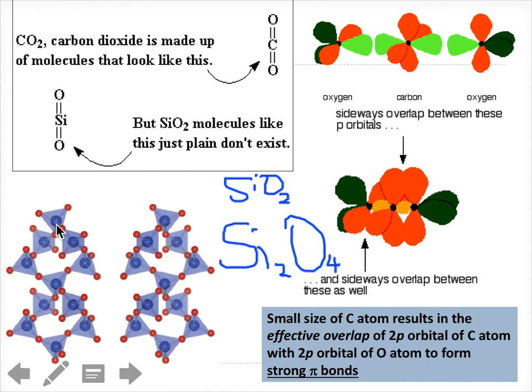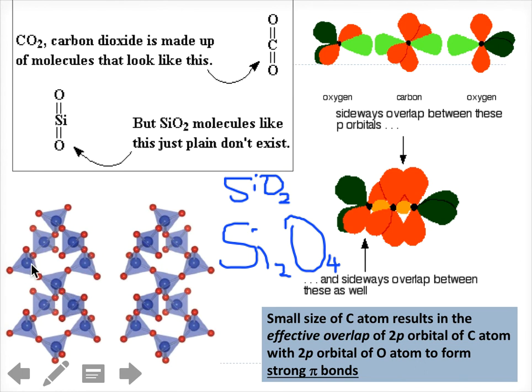So if we look at the purple spheres and count the number of red spheres around them, this purple sphere has 1, 2, 3, 4 oxygen, right? This purple sphere has 1, 2, 3, 4 oxygen. This one also has 1, 2, 3, 4 oxygen. Now for the oxygens, each oxygen, let's go to this one, has 1, 2 silicon, right?